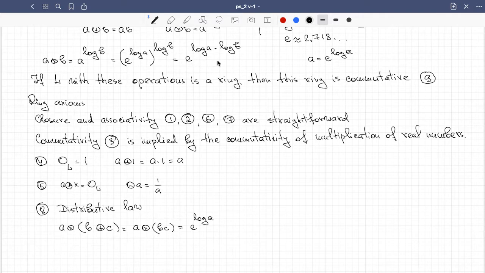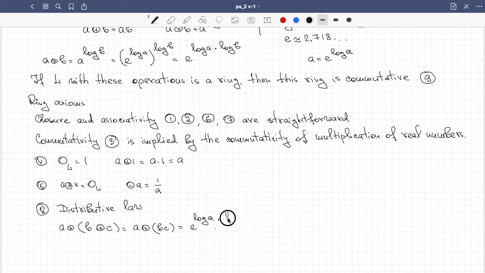I rewrite this formula. So now multiplication is here normal, not times e to the log, but log times log. This multiplication is normal multiplication of numbers, not necessarily positive. In fact, logarithm of a positive number may be negative if the number was smaller than 1.